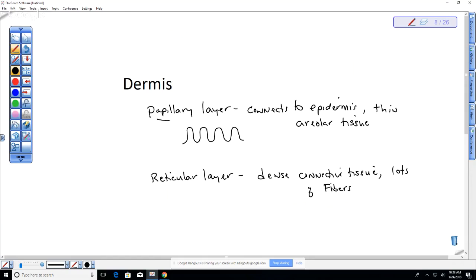So collagen fibers. And reticular, remember it means a network. So there's other types of tissues in here. So this is where we have nervous tissue and blood vessels. And glands. So these are all in the dermis.